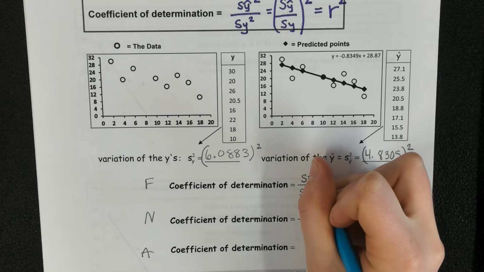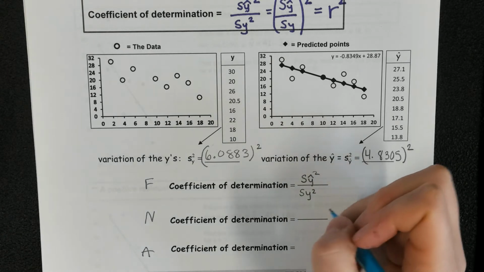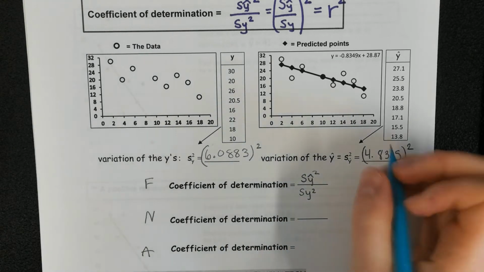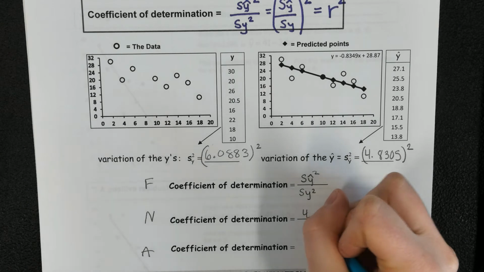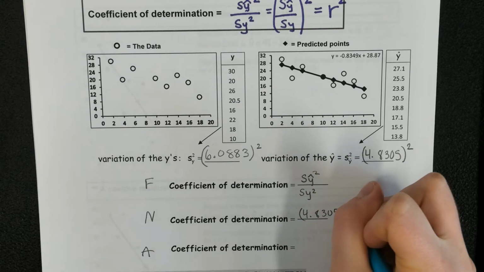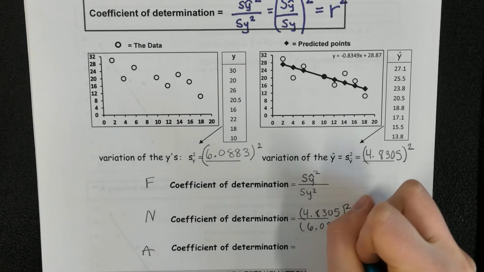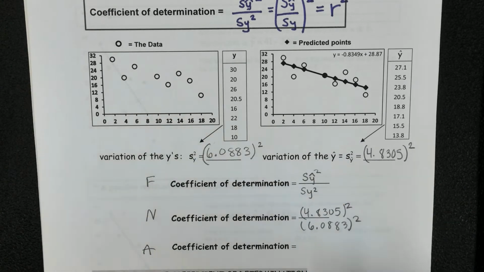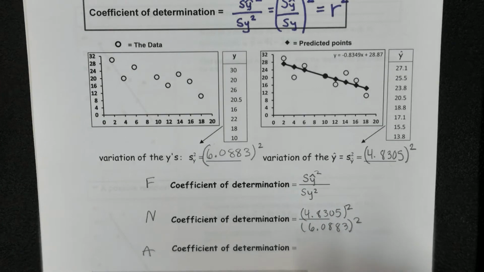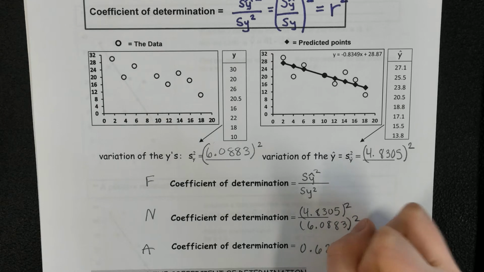And both of these need to be squared. And so right now I know that I have this value for my y hat, so I'm going to put 4.8305 on top, and I'm going to put this on the bottom, and when I type that into my calculator, I'm going to get something that looks like that.